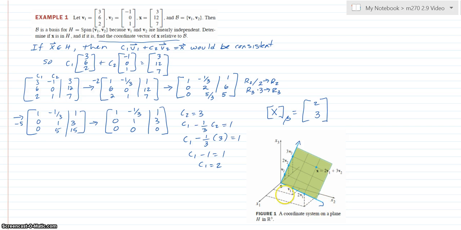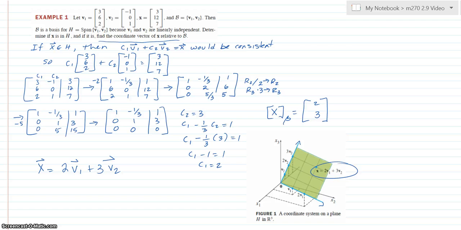And then x, the x coordinate in that space, we found it was 2v1 plus 3v2. And there it is right there. That's the coordinate vector of x relative to our basis.